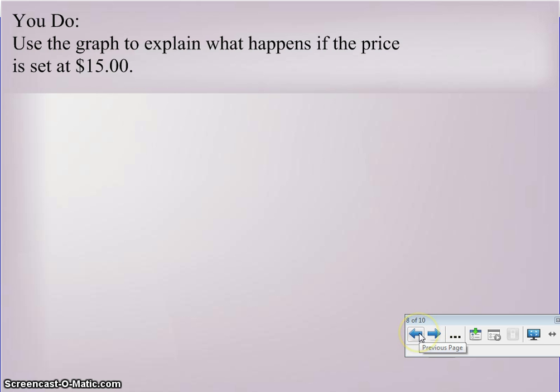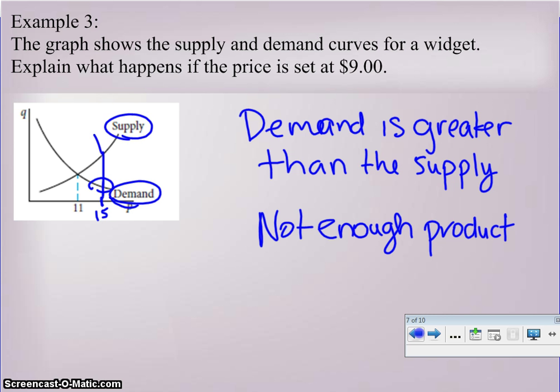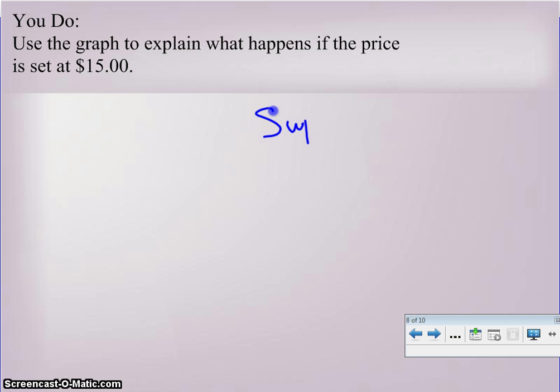Okay, it says use the graph to explain what happens if the price is set at $15. So let's go back to it. Go ahead and erase what I've got here now. $15 would fall about right here. So we can clearly see here that supply is much higher than the demand.